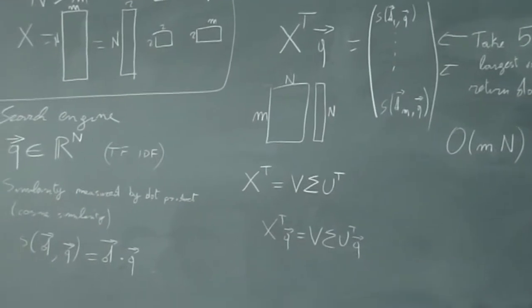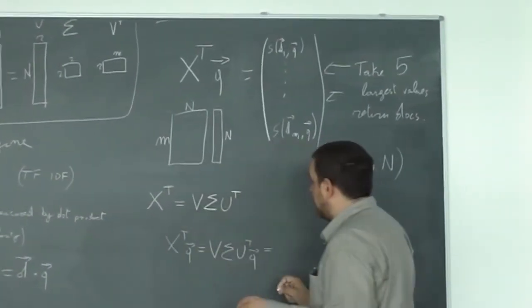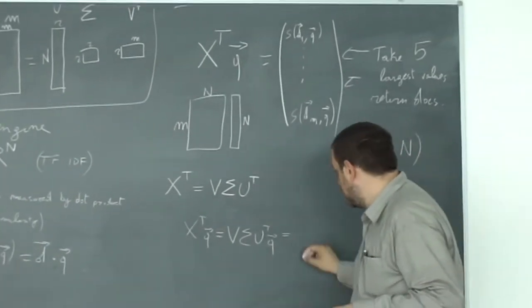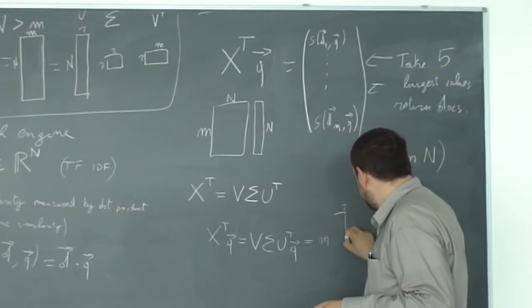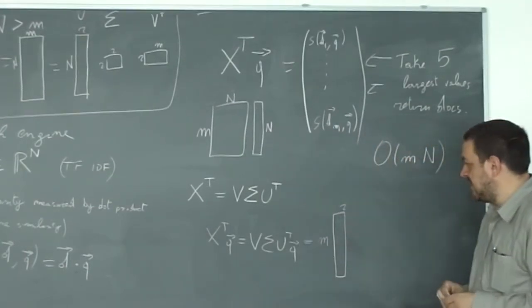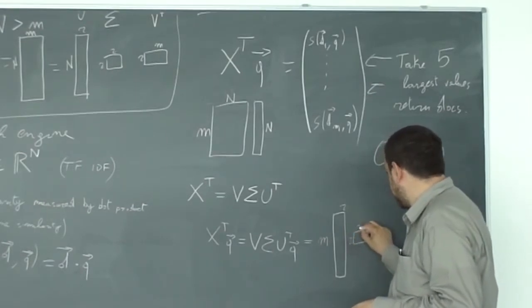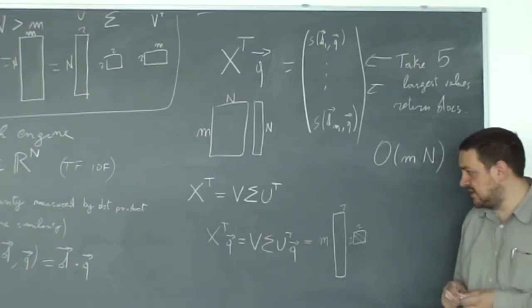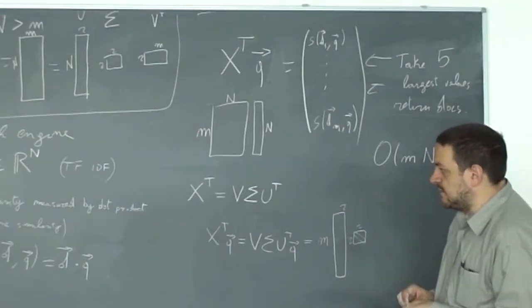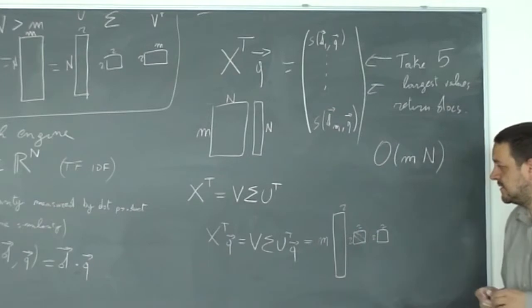So here we have V, which is an M by R matrix, times an R by R diagonal matrix, times U transpose, which is an R by N matrix.